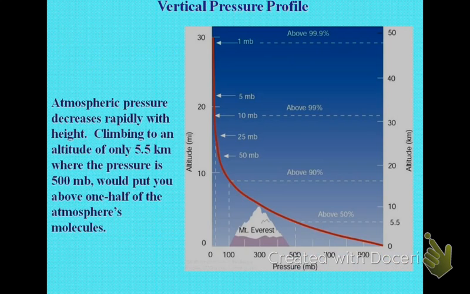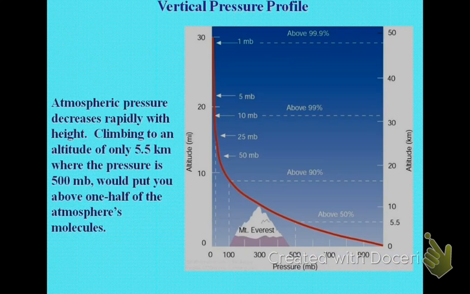So here's a profile of vertical pressure. Again, another graph that you can see. You see on the bottom it shows pressure. What's the pressure being measured in this time? Look at the bottom of the graph on your picture. Millibar. Yeah, millibar.